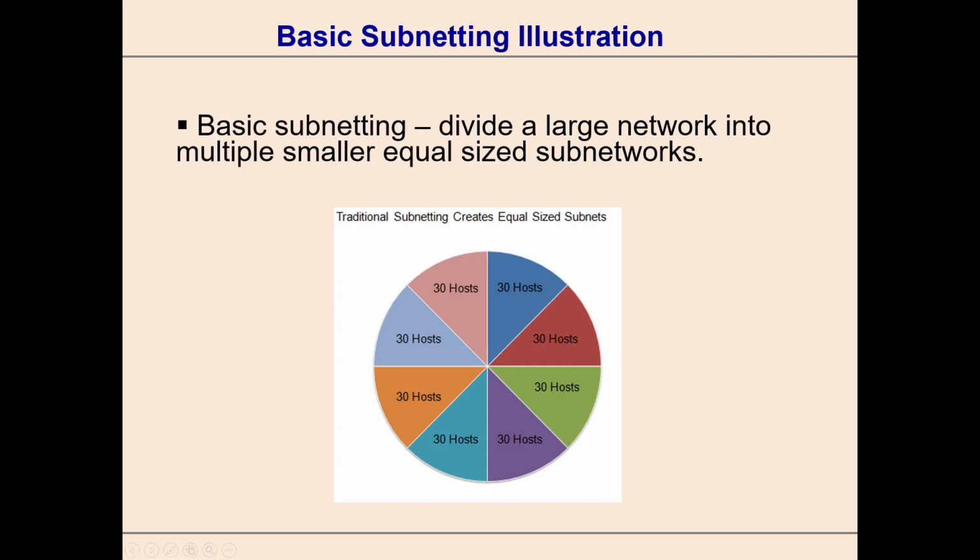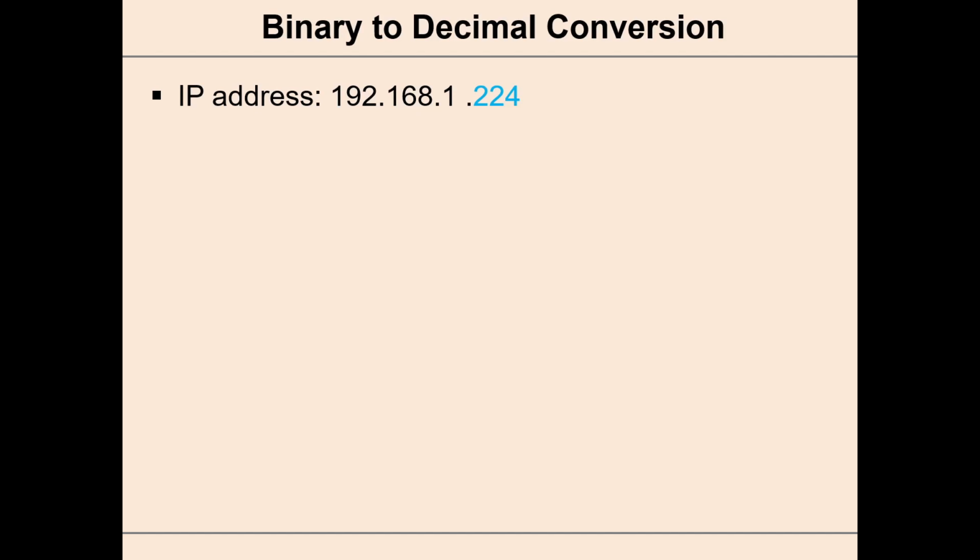That's the basic subnetting. So let's look at how we do it. Before we do the subnetting, we need to quickly review fundamental skills: how to convert binary to decimal. We know the IP address is 32 bits binary, represented using dotted decimal, 4 decimal numbers separated by dots.